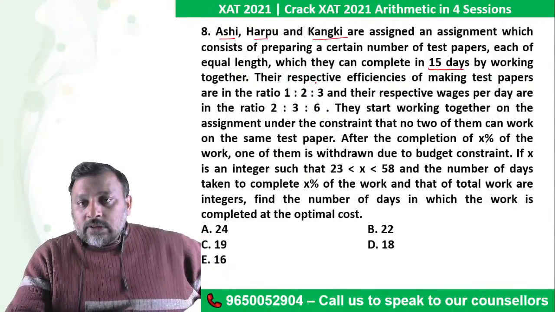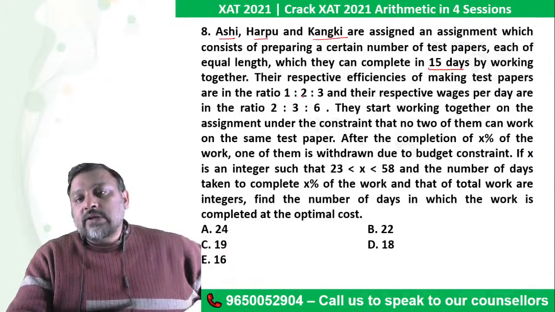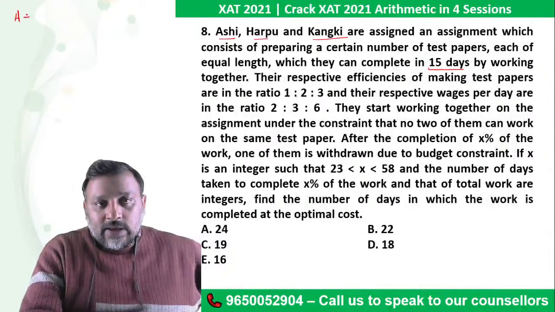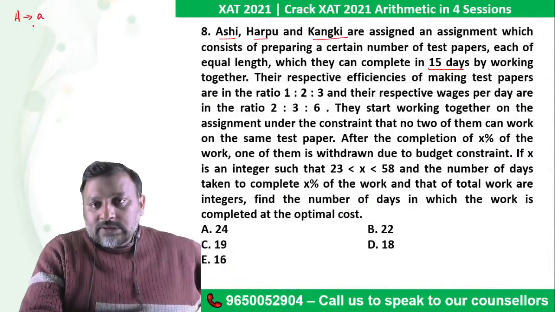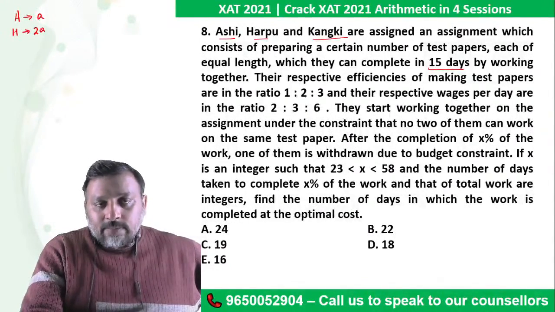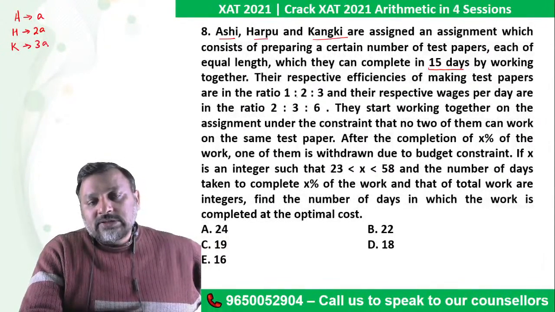Their respective efficiencies of making test papers are in the ratio of 1:2:3. So if I say Ashi can make A papers in a day, Harpu can make 2A papers in a day, and Kanki can make 3A papers in a day.